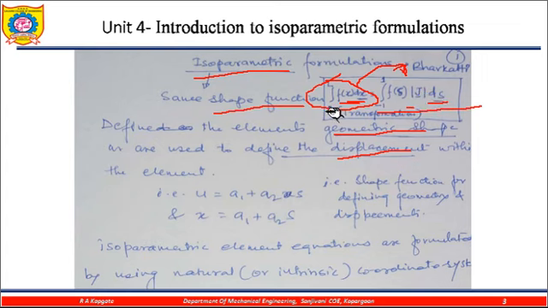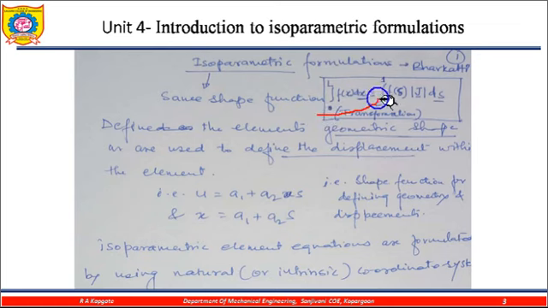So the regular global coordinate system is transformed into a natural coordinate system, and then we are solving the problem. That formulation or that transformation is considered the isoparametric formulation.